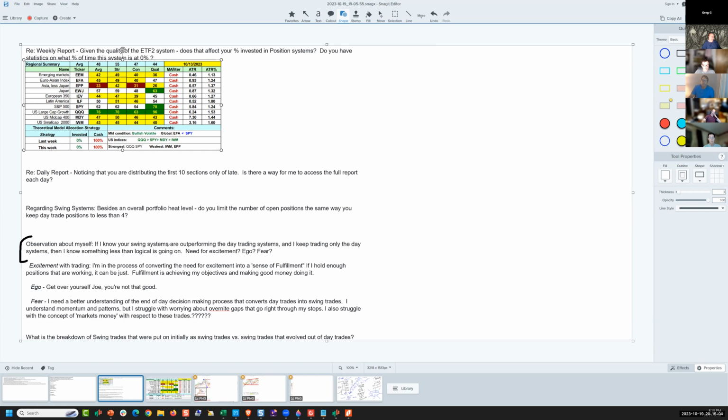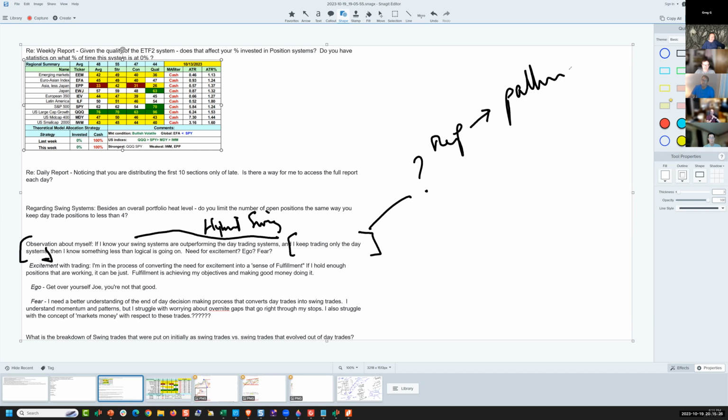If you know my swing systems are outperforming the day trading systems, which is like the hybrid swing, but you decide to keep day trading only the day trading symbols, the question would be why? Well, it's to get repetitions to understand the patterns fast, or other reasons.